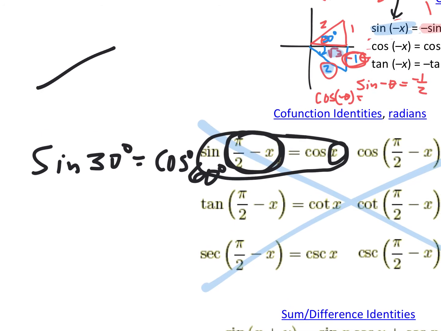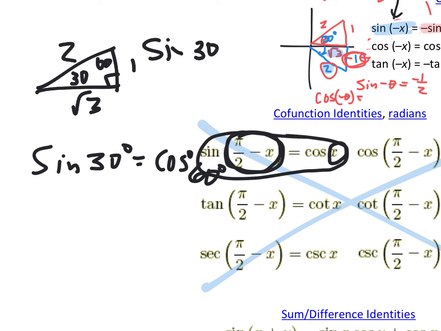I'm going to show you that in a triangle. Here's your 30, 60, 90 triangle. And I got a 1, 2, and a square root of 3. What if I asked you for sine of 30? Do you get how that would be? Sine of the 30 would be the opposite over the hypotenuse. Do you get how that would be the exact same thing as cosine of 60?